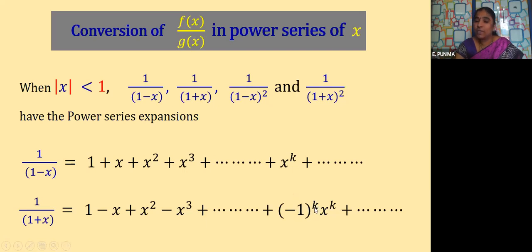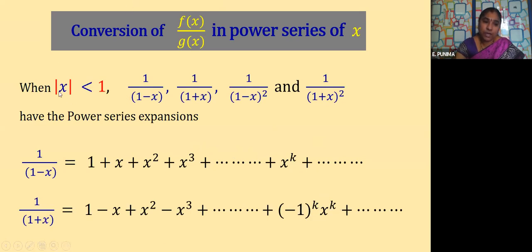If k is an even number, minus 1 raised to an even number becomes positive. If k is an odd number, then it becomes negative. Clear? So for that reason, we are writing it as minus 1 to the power of k into x to the power of k. Next, what are the other two expansions?